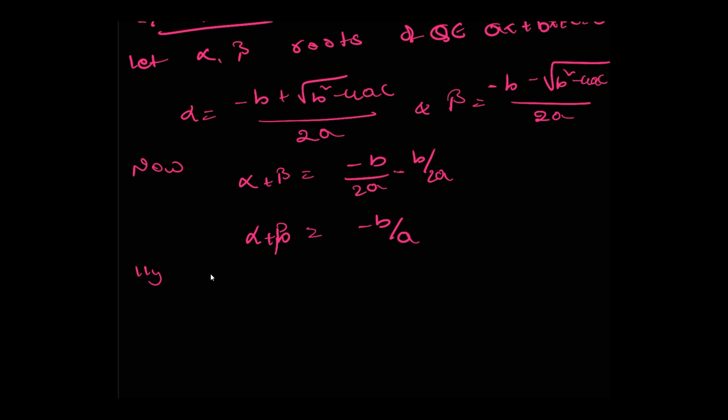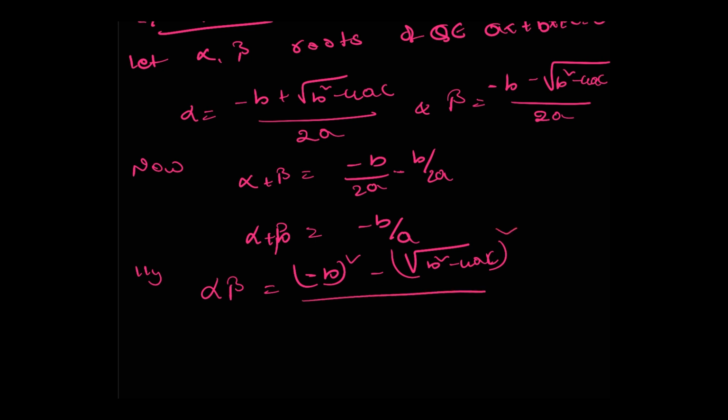And similarly, alpha beta will be minus b whole square minus root over b square minus 4ac whole square by 2a. We use the identity a minus b into a plus b equals to a square minus b square. Like that, take minus b as a, root over b square minus 4ac as b. We get this.